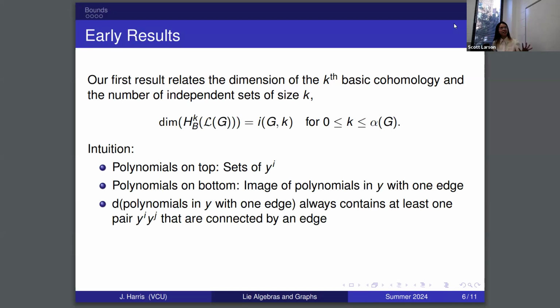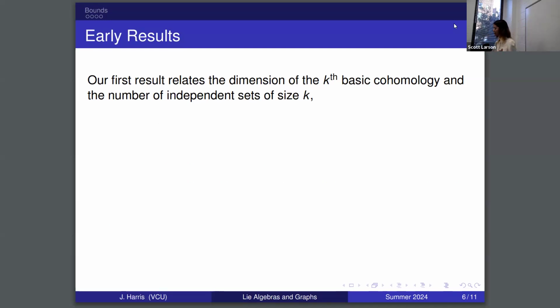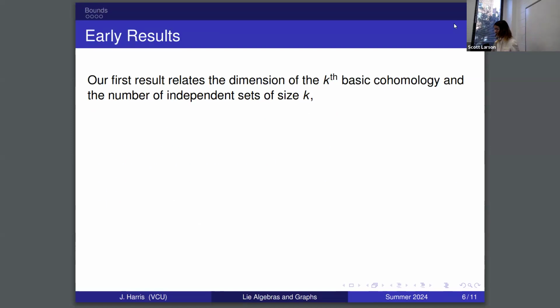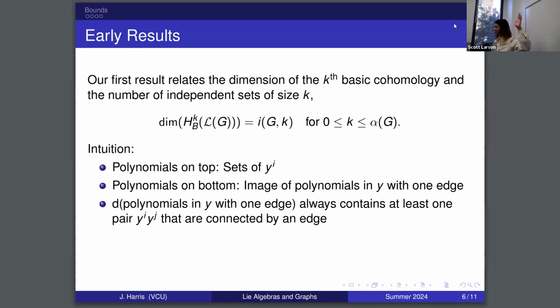The idea behind this is if we count the number of polynomials we have on the top versus the number of polynomials we have on the bottom. The polynomials on the top are going to be sets of the y variables, and the polynomials on the bottom are going to be sets of the y variables with an edge.